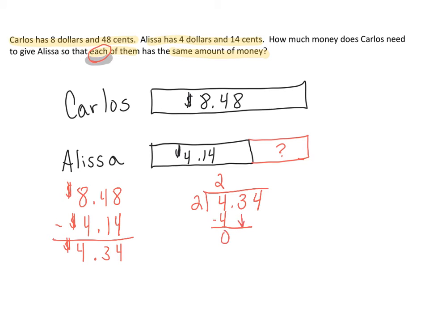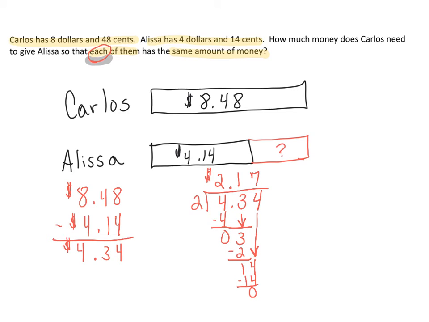Bring down. Okay, 2 goes into 3 once. 1 times 2 is 2. Bring down your 4. So now you have 14. 2 goes into 14 7 times with a 0 remainder. So I'm going to bring up my decimal point. So we have $2.17. So each person is going to need to have $2.17.